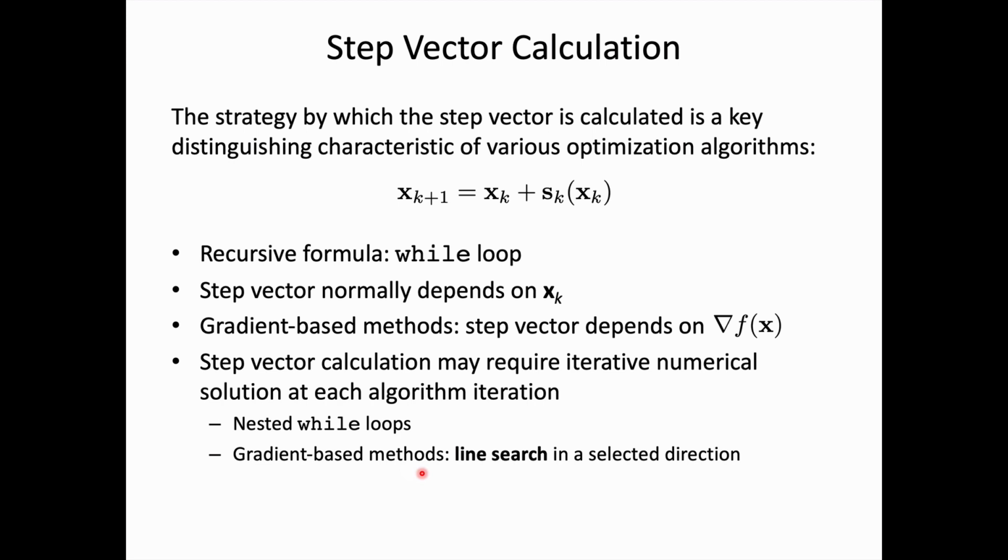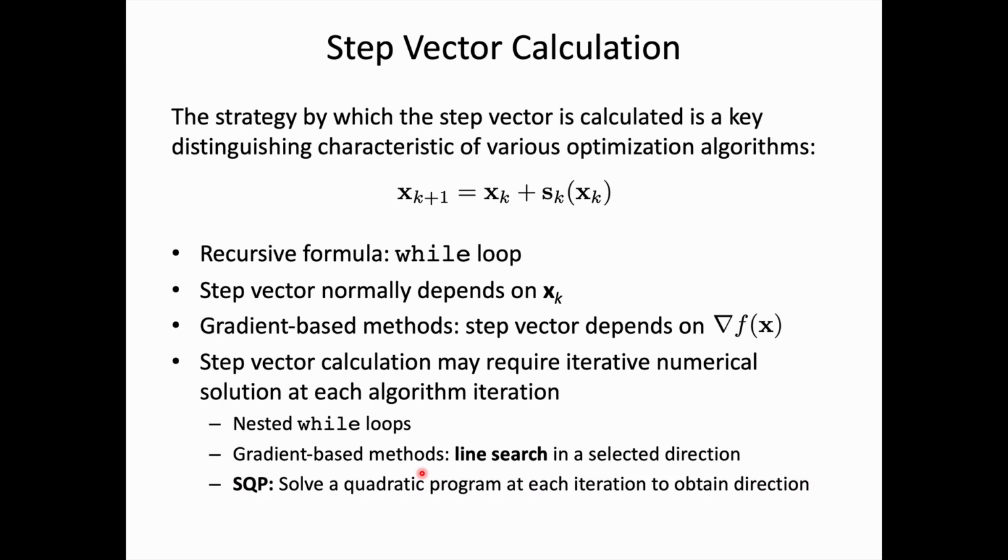And so this is called line search when we're searching in the selected direction, and that's an iterative process, and often we don't know ahead of time how many different samples we're going to need to take during this line search process. So that is an inner while loop that will need to be implemented in some of your algorithms.